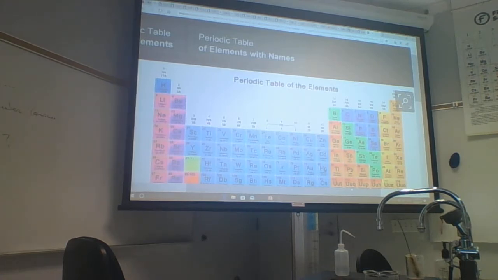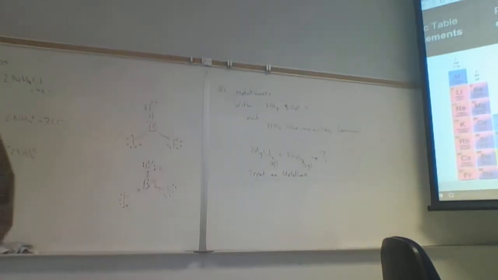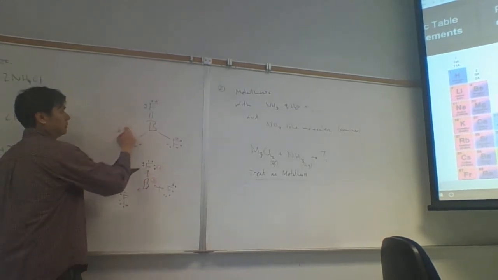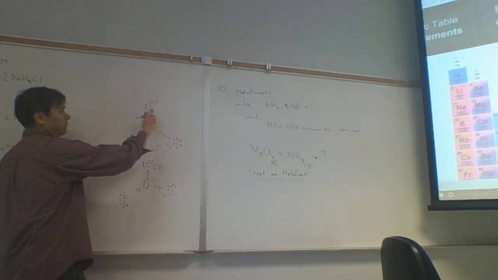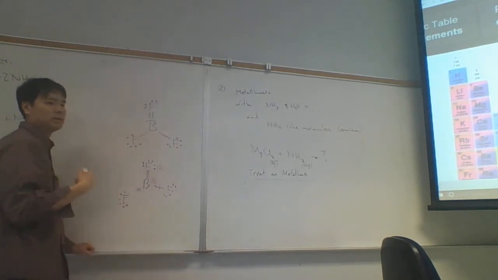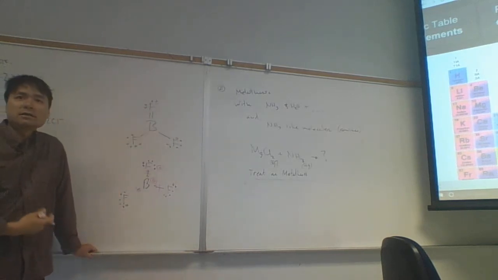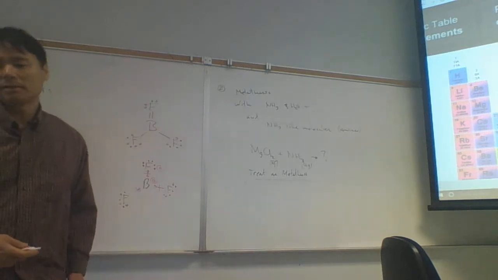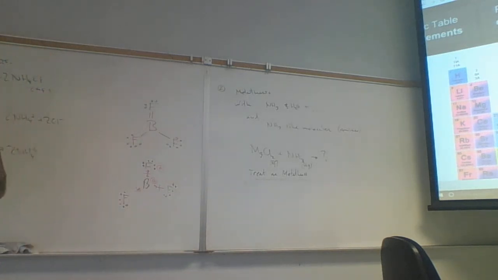How about this structure above? That one only has 6. So fluorine put in 7, but it only got 6. This is like what they say about federal taxes.